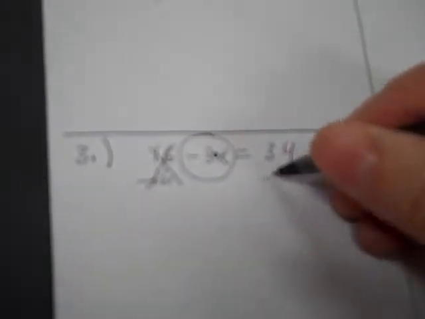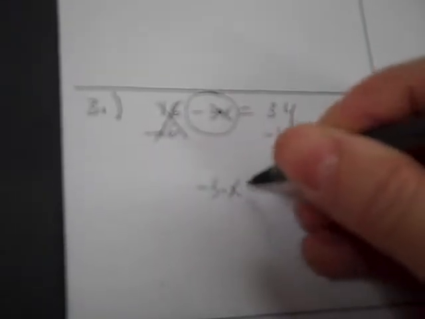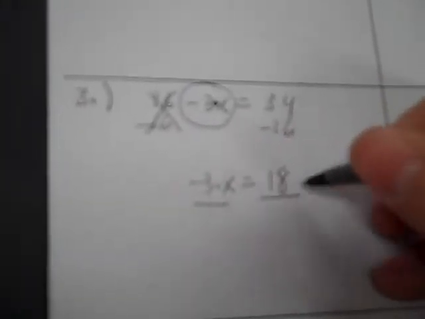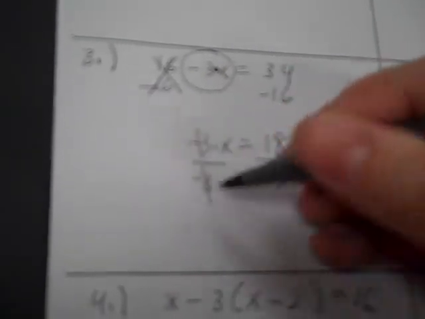You would subtract 16 to make it 0, and then subtract it from 34. So I have -3 times x equals 18 is what that is. Now I divide by -3. 18 divided by -3 is -6.